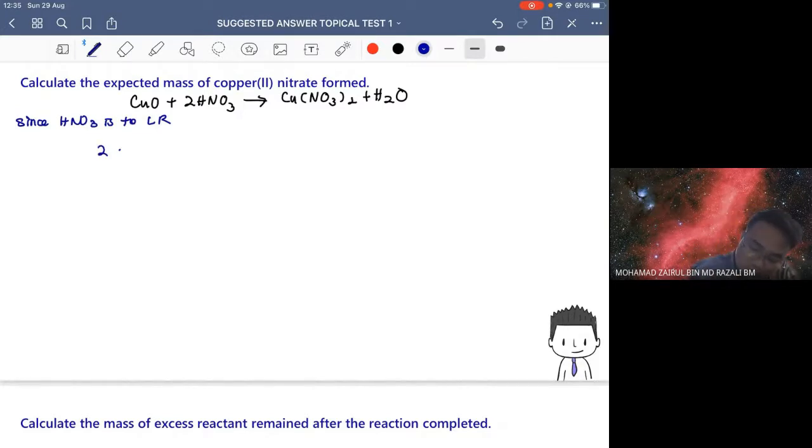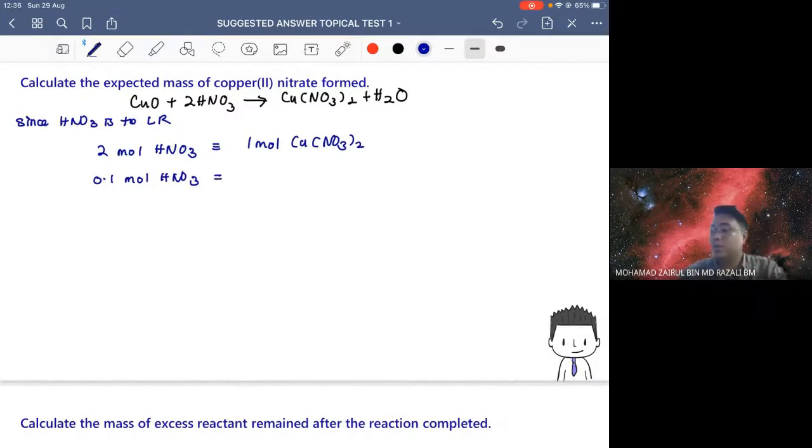So, 2 mole of HNO3 is equivalent to 1 mole of copper nitrate. Okay, the mole given nitric acid is 0.1 mole. So, kalau awak kira mole Cu(NO3)2 ini, awak akan dapat 5 times 10 to the power minus 3 mole of copper nitrate.